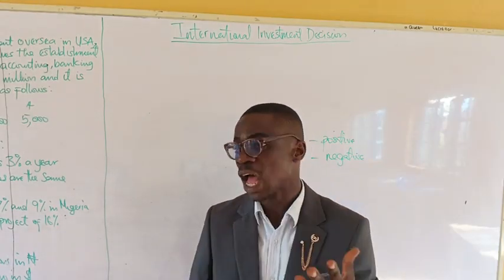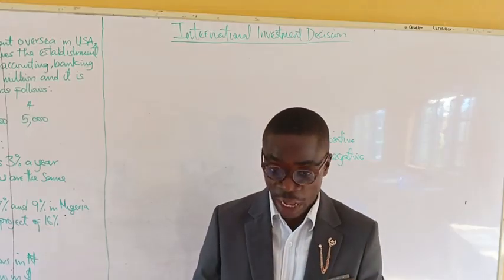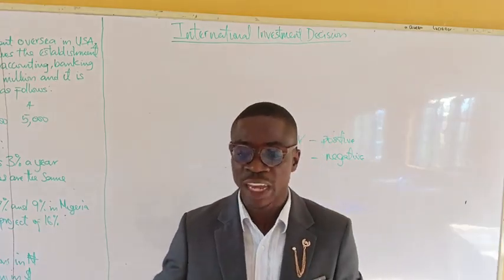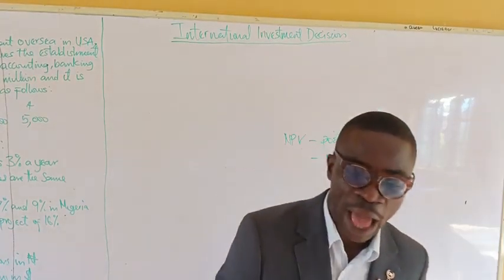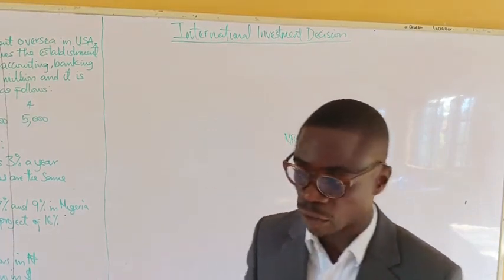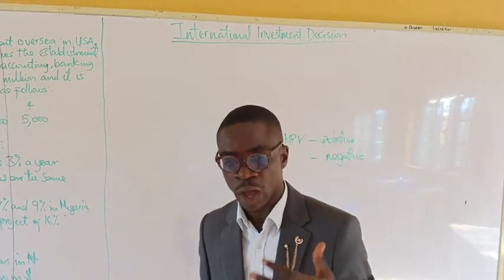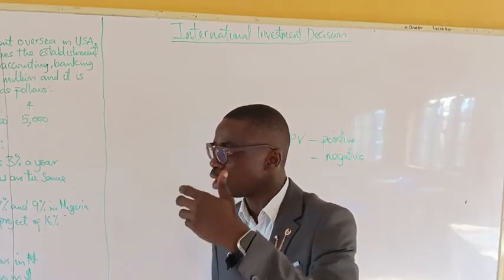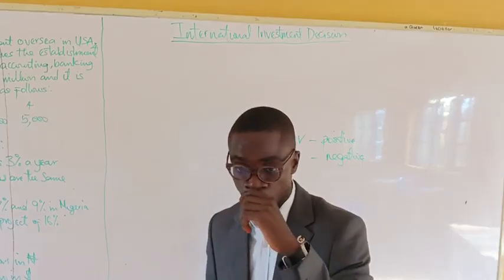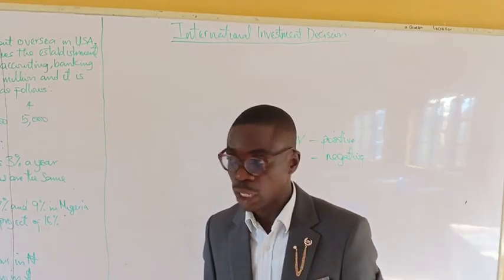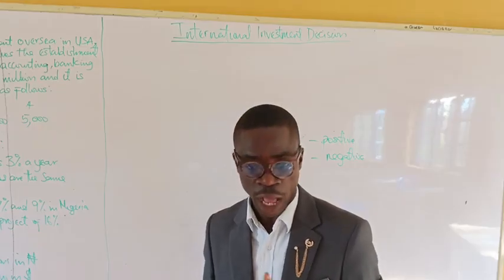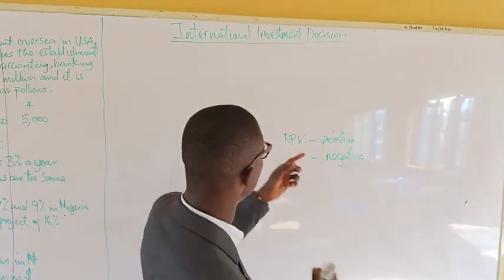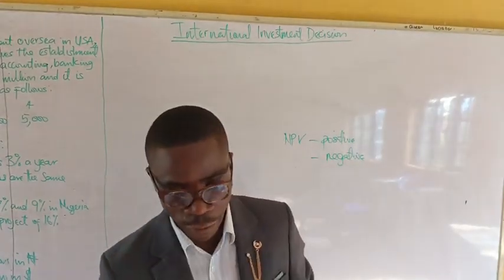That means the cash outlay, the initial cash outflow, and the cash inflow that will come in as a result of that investment. So you calculate the discounted cash flow, and you compare the discounted cash inflow with the initial cash outflow. So you now know whether it will result in positive NPV or negative NPV.